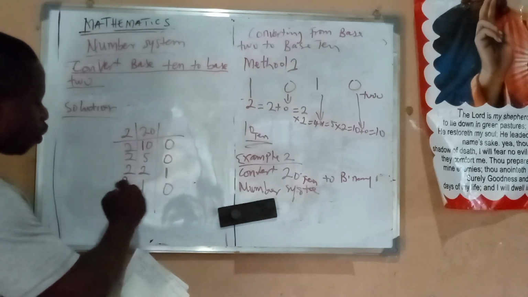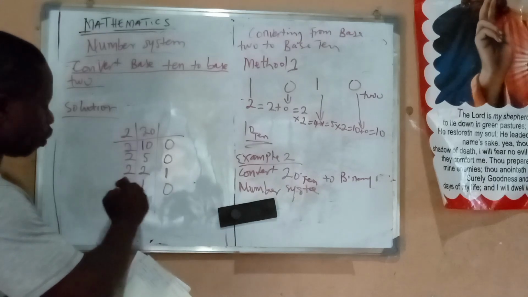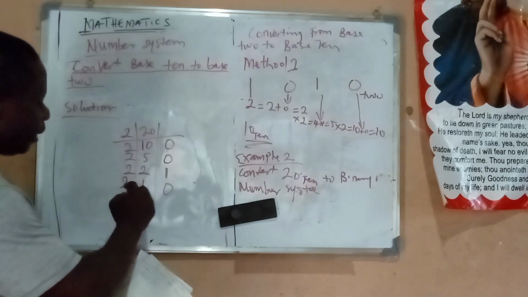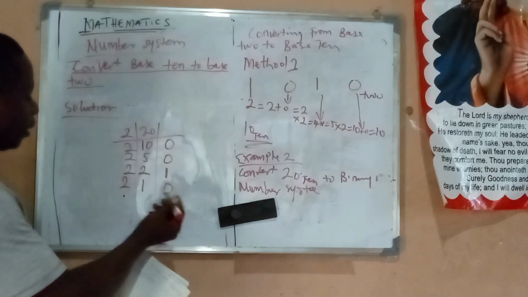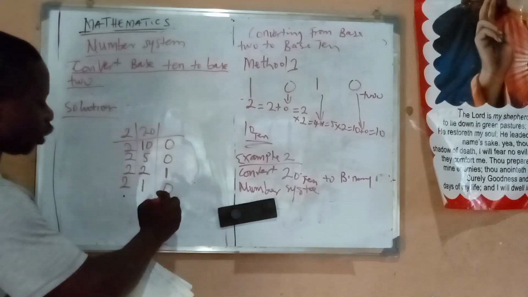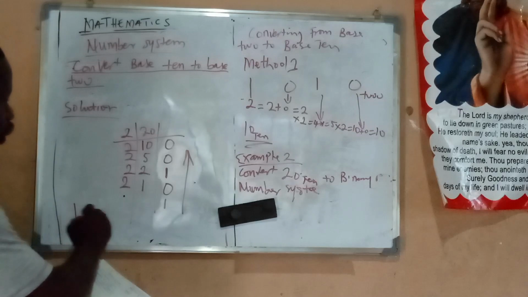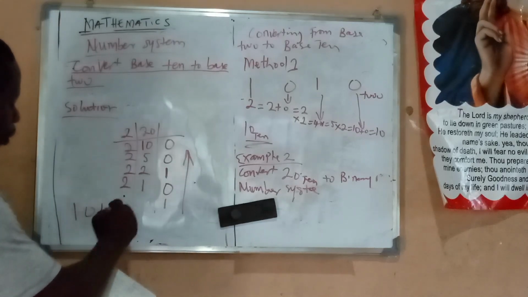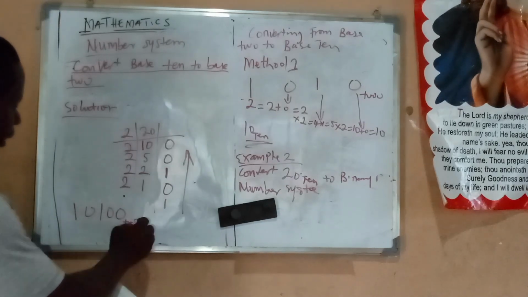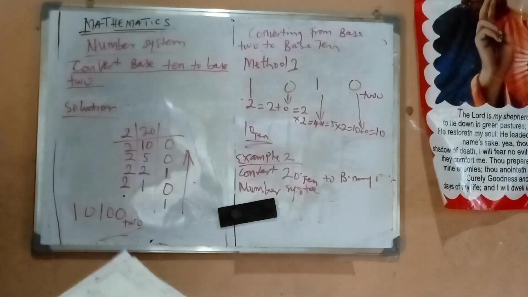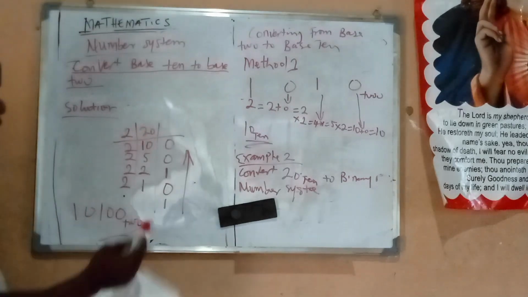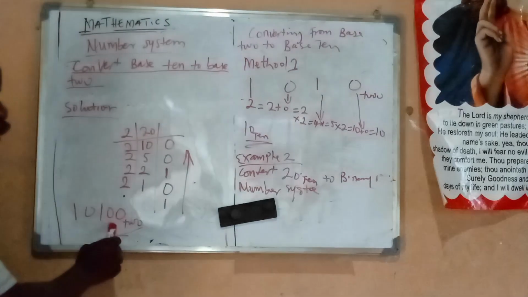Now can 2 go into 1? If it goes, something will remain. So we bring down this 1 and write it there. We copy from down upward. So we have 1, 0, 1, 0, 0 in base 2. This is the binary expression of 20 from base 10 to base 2.